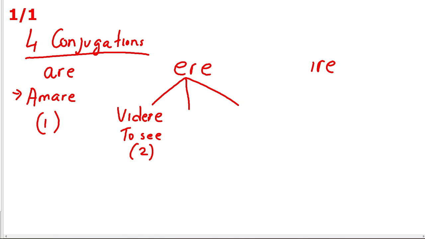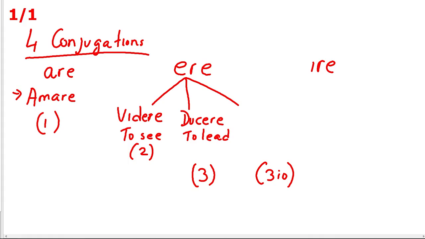Then the third conjugation is divided into 2: third and third IO. In the third conjugation you have ducere, which means to lead, and in the third IO you have capere, which means to seize.